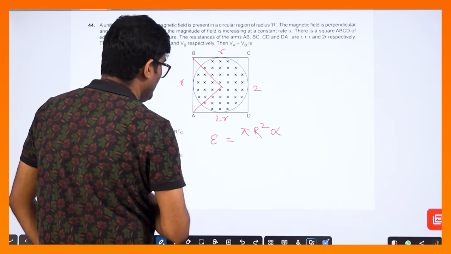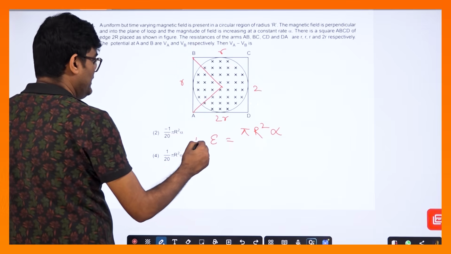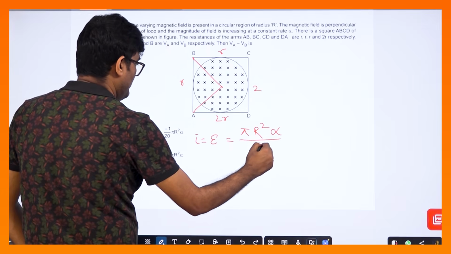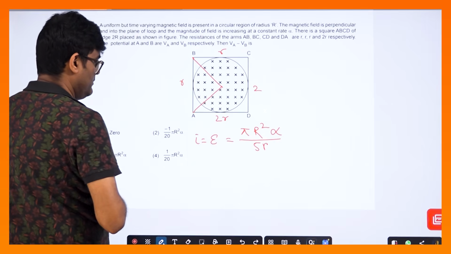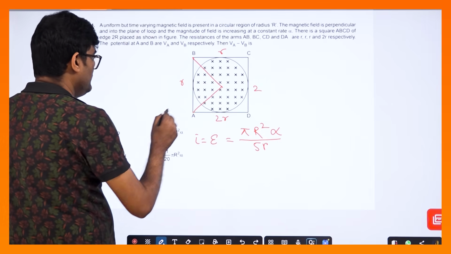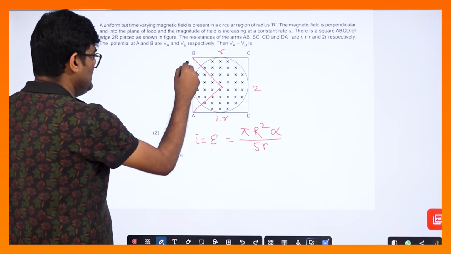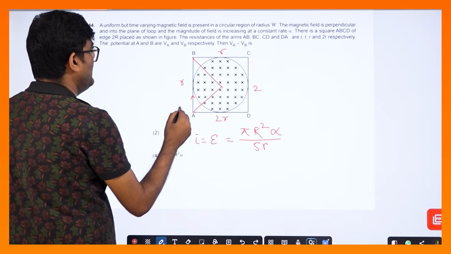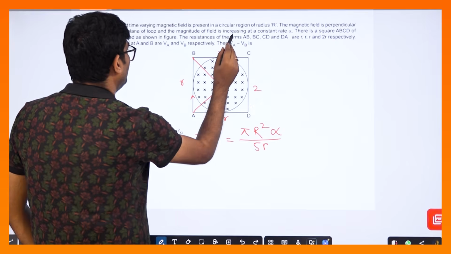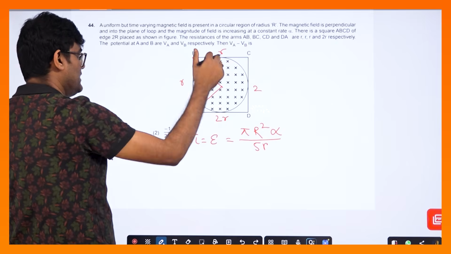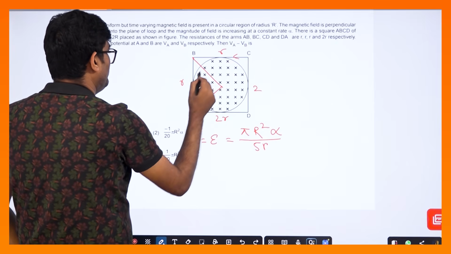And the current in the loop is this EMF divided by 5R. So if this is the current in the loop, I can also find the EMF in this part from A to B. As the magnetic field is increasing, the flux is increasing, so the current should be in this direction.